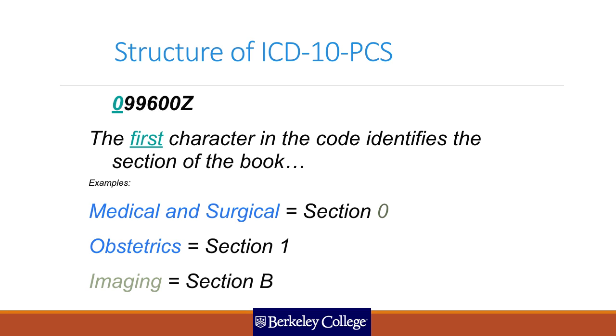All of the medical and surgical codes begin with a 0. All of the obstetrics codes, section 1. And just as a little hint, obstetrics is only obstetrics, only pregnant ladies, not gynecology. And then the imaging section, as an example, is section B. So all of the imaging codes will start with the letter B as in boy.